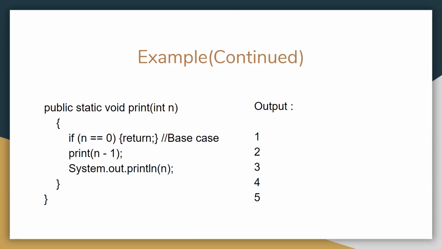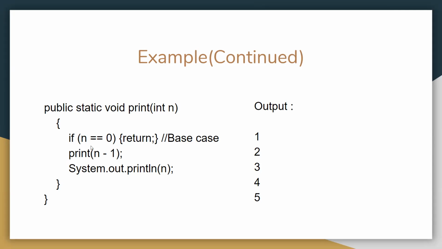But if we didn't have this base case, where we say if n equals 0, then return and stop executing the method, it would just go on forever and ever. It would just go n-1, n-1, and continue, which is not good because that ends up becoming an infinite loop. So we always need to have the base case in order to prevent an infinite loop.